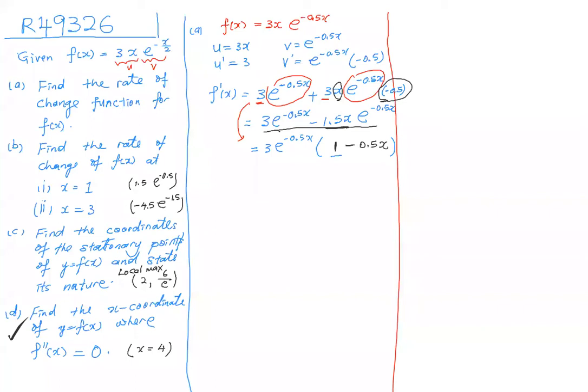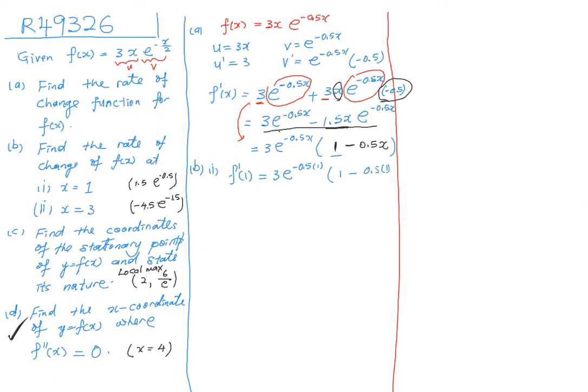Okay. So part B. So what should I do for part B? Yeah, Christopher, B part 1. F prime 1. Okay, so I substitute with 3 e to the power negative 0.5 times 1, open bracket, 1 take away 0.5 times 1, correct?